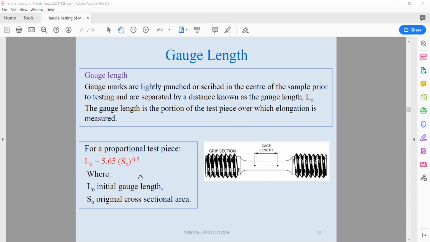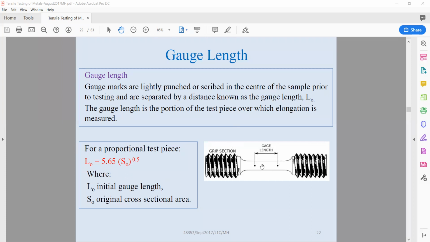For instance, for a 10 millimeter diameter sample, which is usually the sample diameter we test, the gauge length is usually 50 millimeters. Then you mark the gauge marks.